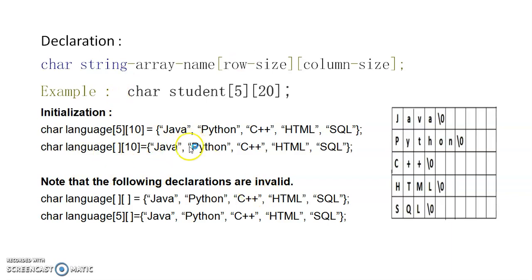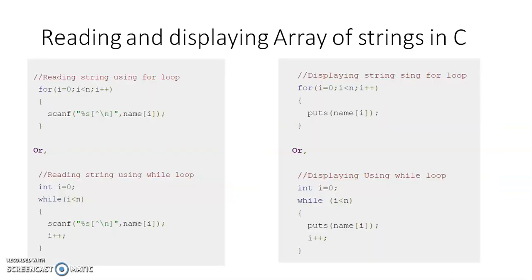But here are examples of invalid string declarations. See here, no row size and column size is mentioned, it is invalid. Only the row size is optional but not the column size. So both these examples are invalid declarations of strings.